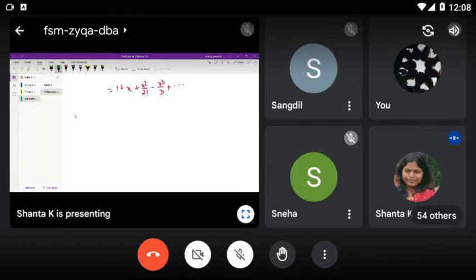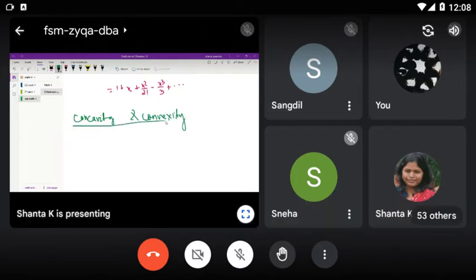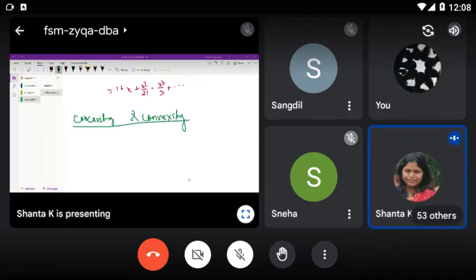So we will talk about the concavity and convexity. You have coined two terms, concave upward and concave downward. We will consider the concave upward first.